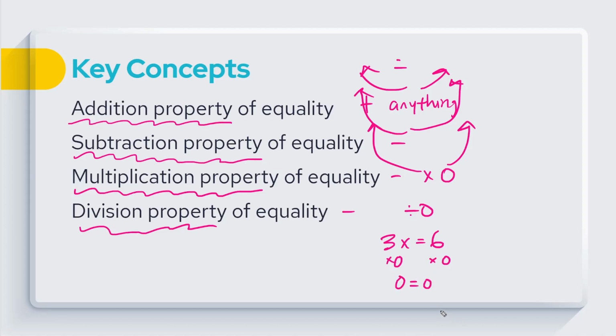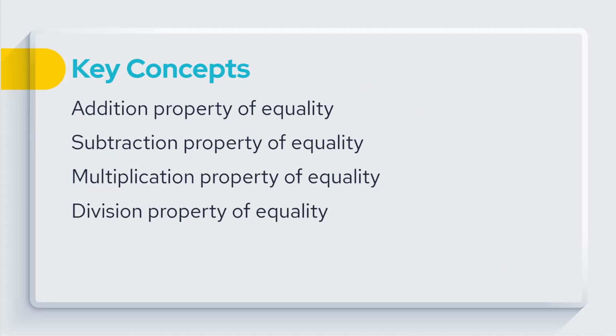That is true, but it doesn't really do anything for us. And in some cases, you will change the original meaning of the equation and make it untrue. Although in this case, it's still true because both sides of the equation are true, but let's not get into that too deeply. Just know that with the multiplication and division properties, you cannot multiply or divide by 0. It kind of negates the purpose of doing this.